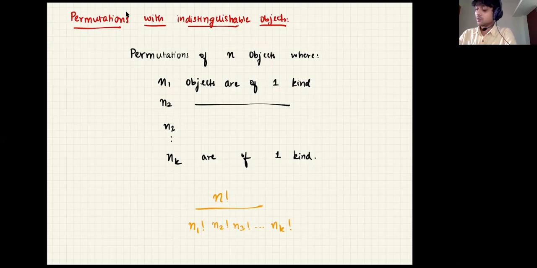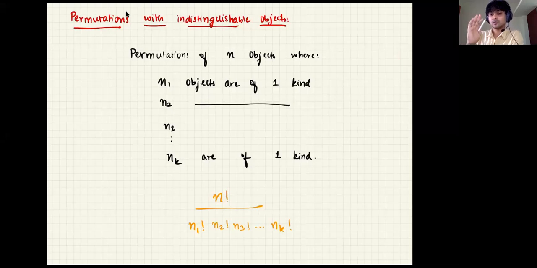So in the previous case, I wanted to permute SUCCESS, right? So here there were 3 S's, 2 C's, 1 E, and 1 U. And in this case, in how many total number of ways can you permute? It's n factorial by n1 factorial times n2 factorial times nk factorial. You will get this as your solution. Okay.